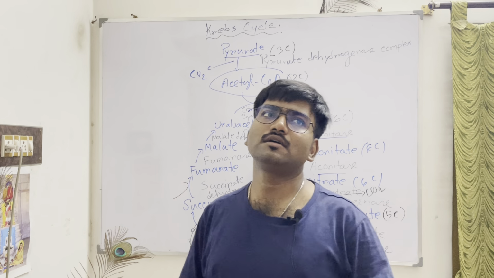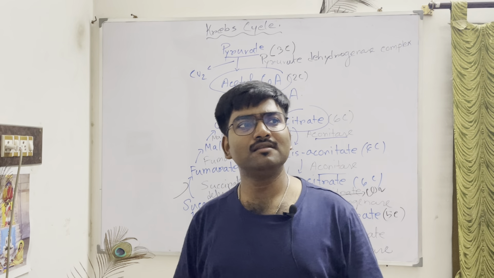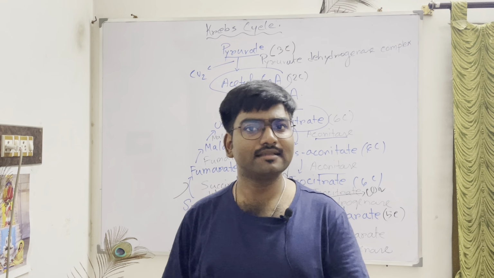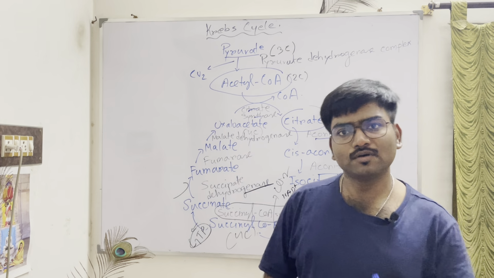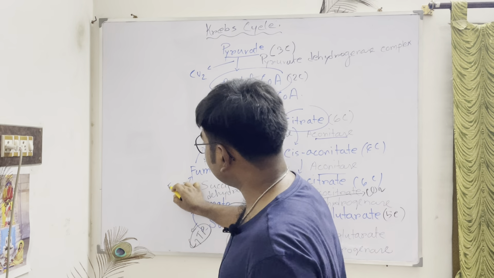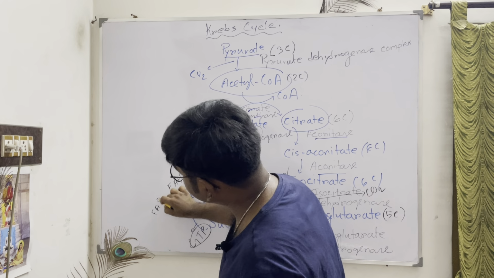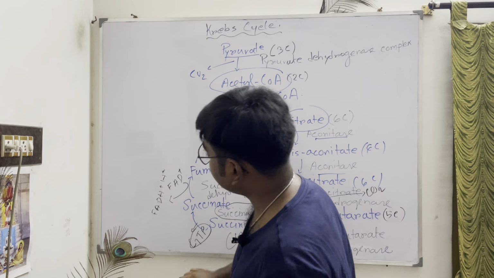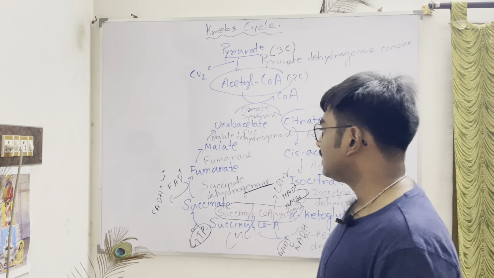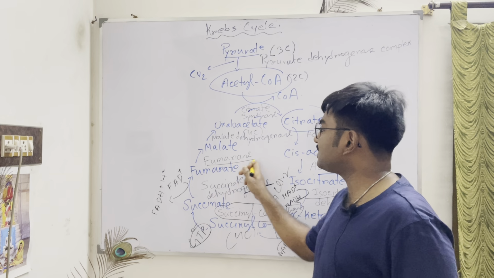Okay, the full form of FAD is flavin adenine dinucleotide, like that, FAD. That is also an energy currency. So here FAD will be reduced into FADH2. That means here is no NAD, here is FAD. Okay, then fumarate is converted into malate via the enzyme action of fumarase.